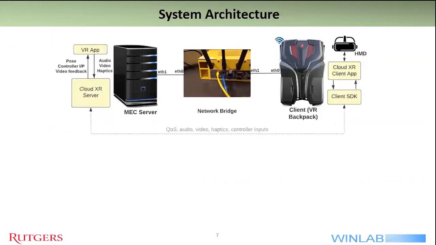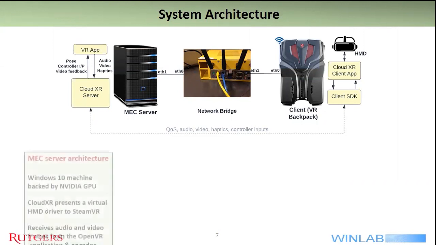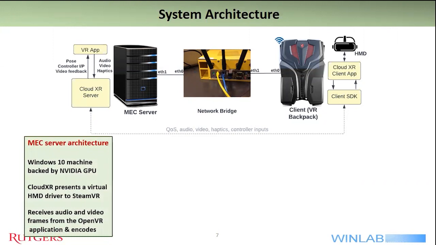This is typically the system architecture, or the prototype, that we created and ran our experiments on. Here the client is the CloudXR client. The MEC server is also a CloudXR NVIDIA MEC server. I'll talk about the network bridge a little later, but let me first introduce the MEC server architecture. It's basically a Windows 10 machine backed by an NVIDIA GPU.